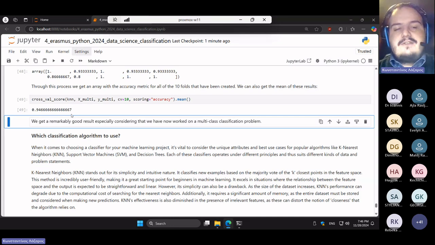In a multi-class classification problem, an accuracy score of like 95%, and maybe in some cases a bit more than that, is more than ideal, because we always have to remember that we're dealing with more than two categories.